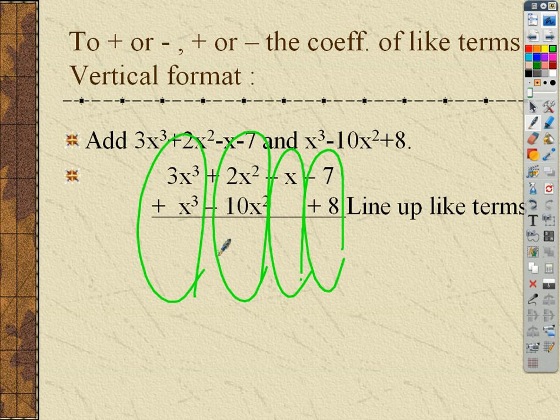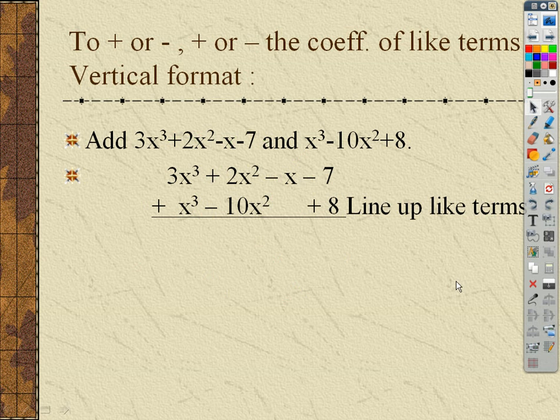And then I just combine them, right? Negative 7 plus 8 is 1. Negative x plus 0 is just negative x. 2x squared minus 10x squared is negative 8x squared. 3x cubed plus x cubed is 4x cubed. Done. That's all there is to it.